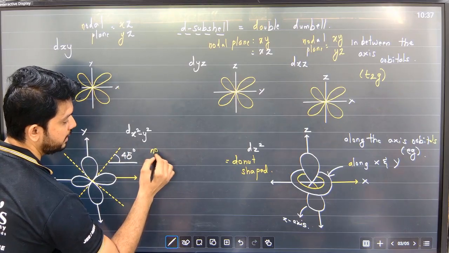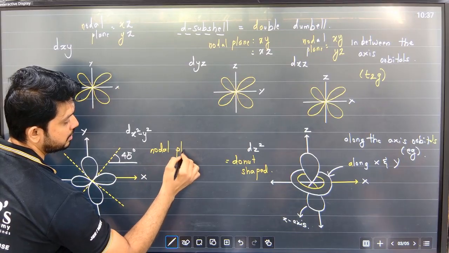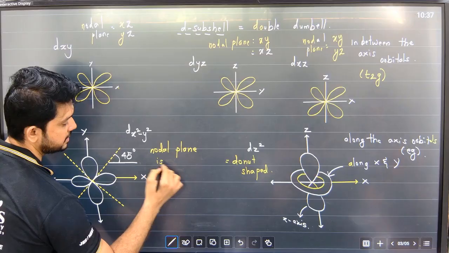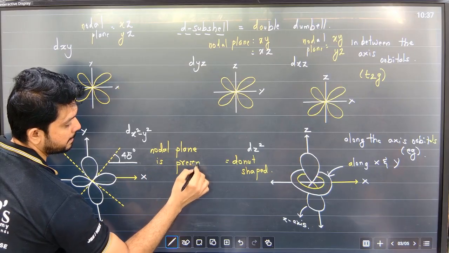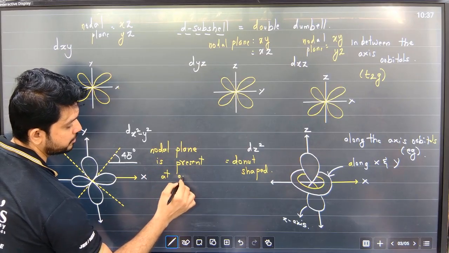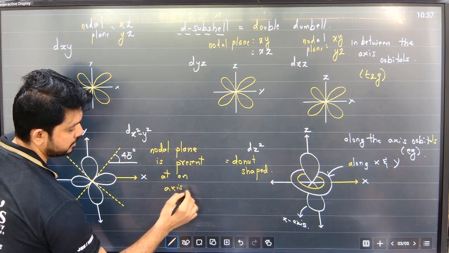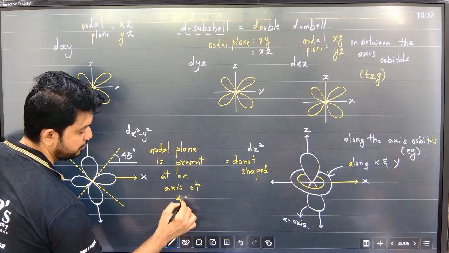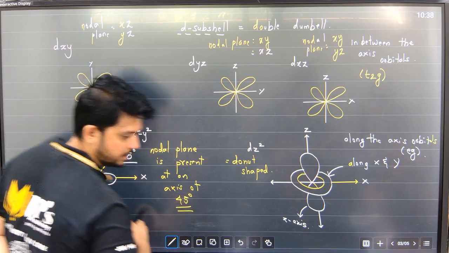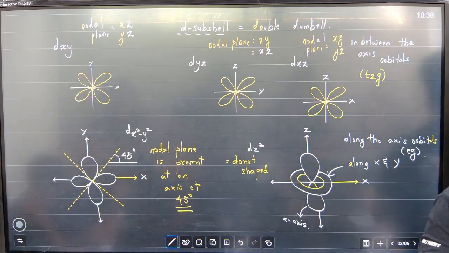So the nodal plane is present at 45 degrees.